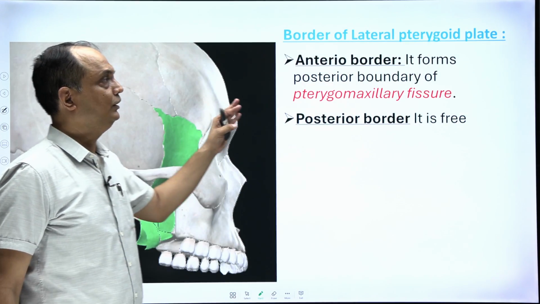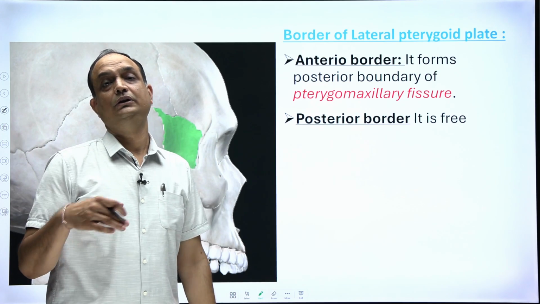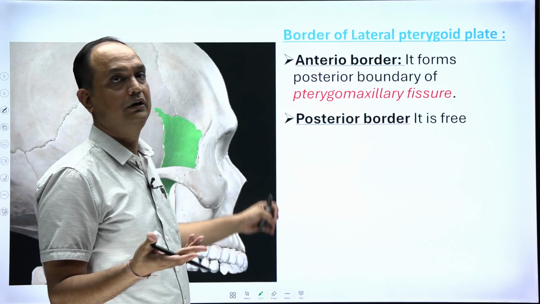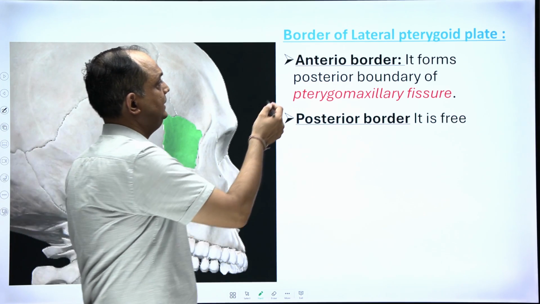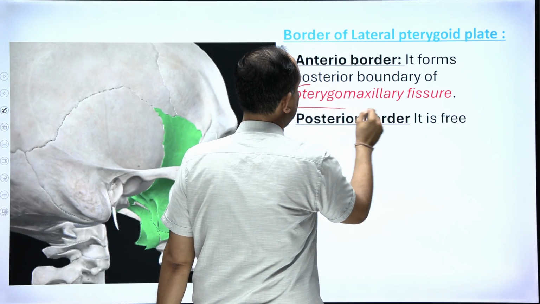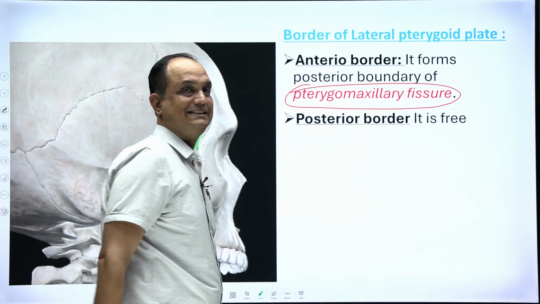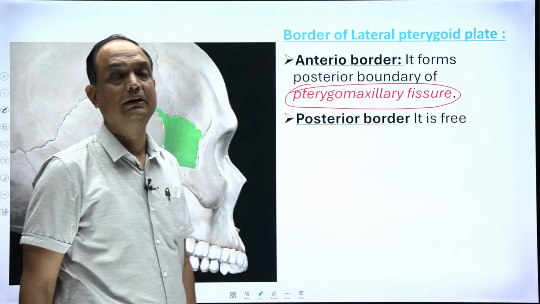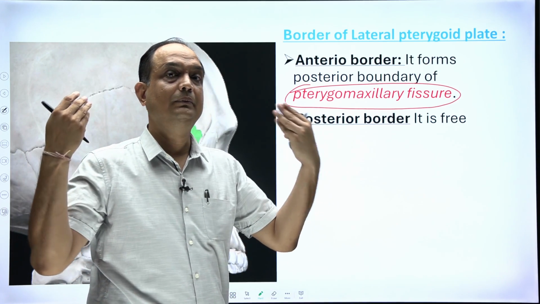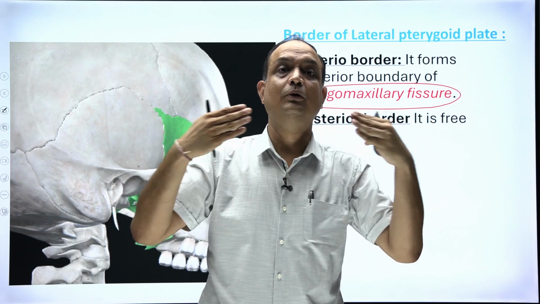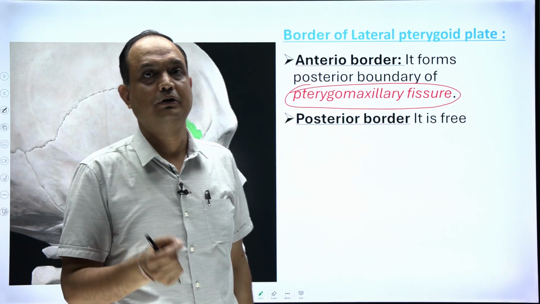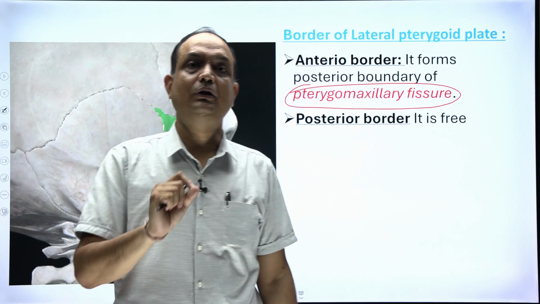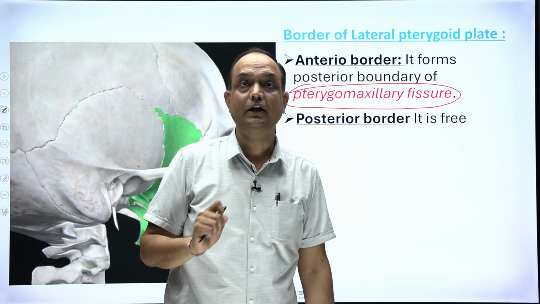Now, we will move to the borders of the lateral pterygoid plate. I told you there are 2 borders of this plate, anterior border and posterior border. This anterior border forms the posterior boundary of the pterygomaxillary fissure. It is important that when you are entering from the infratemporal fossa into the pterygopalatine fossa, you are passing through a gap between the posterior border of the maxilla and the anterior border of the lateral pterygoid plate.